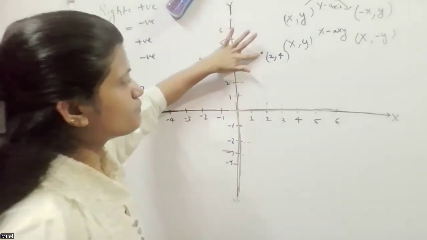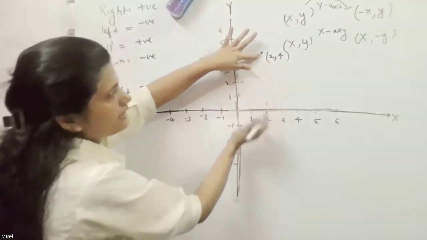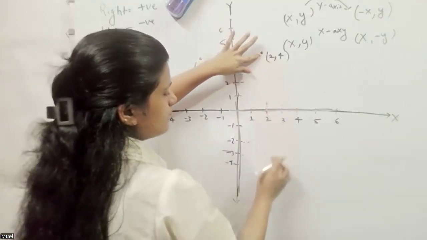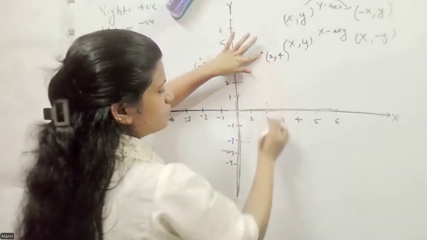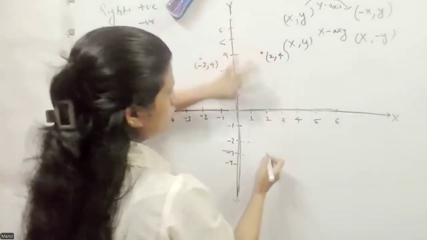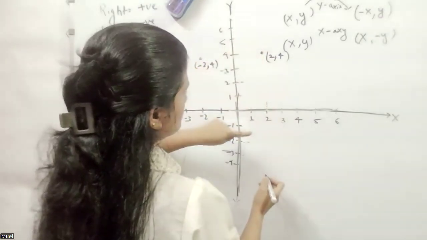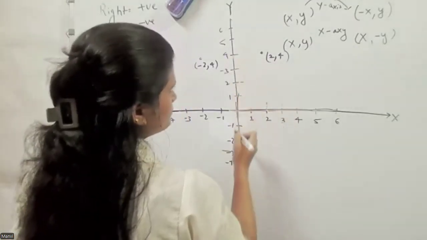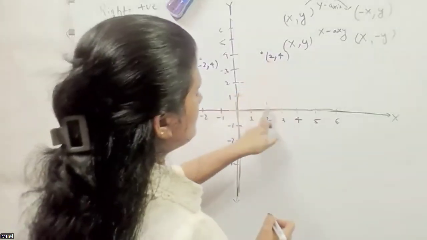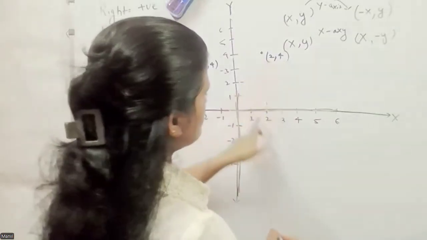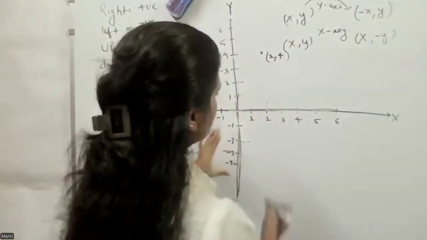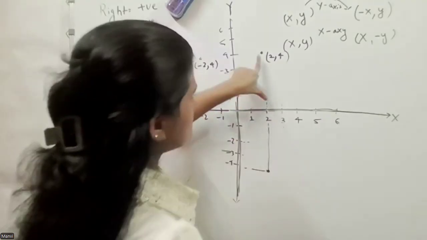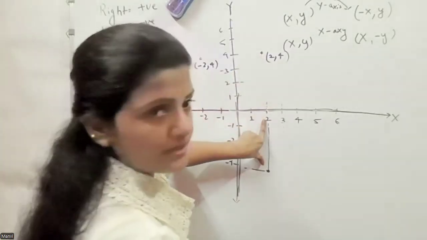If we reflect the same point in the x-axis, then this is 2 units right and 4 units up. So x needs to stay the same, and 4 units up means we need to go 4 units down. Okay? Because this distance is the same as that distance, right?